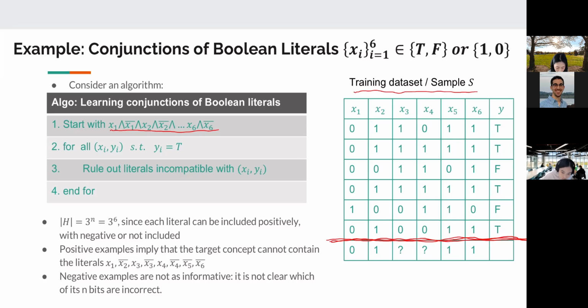And then the result, which is the result of the conjunction of these Boolean literals, the expression, is going to be true. So can you tell me what you can rule out for this example here?